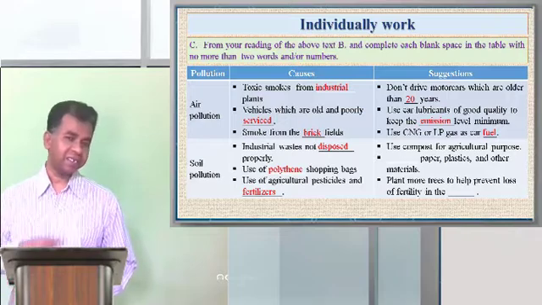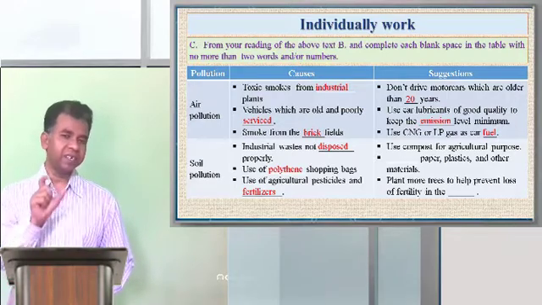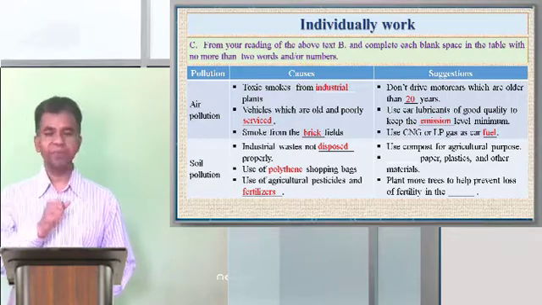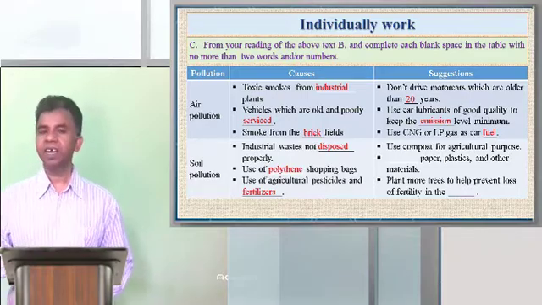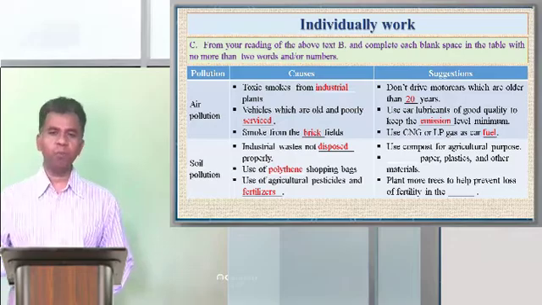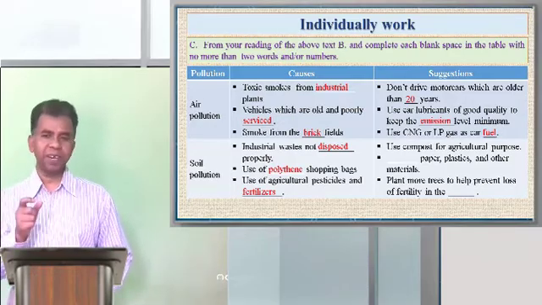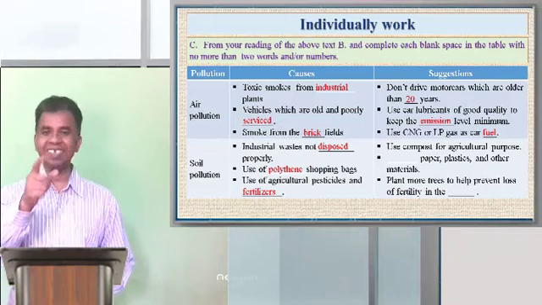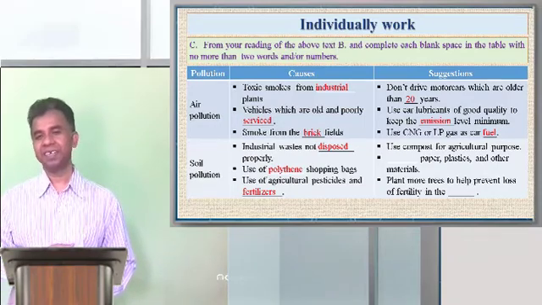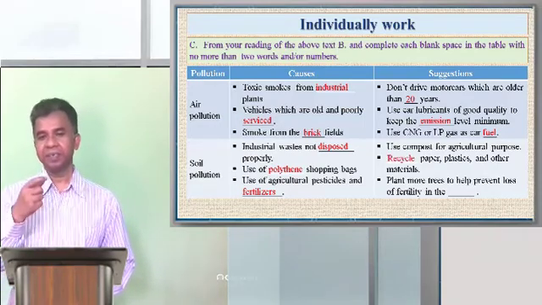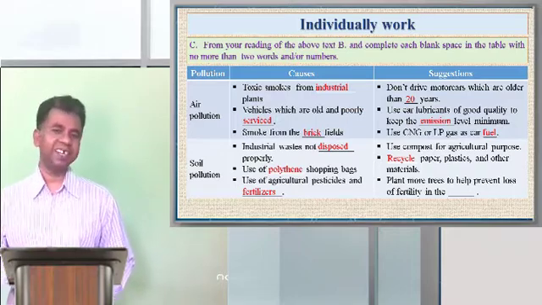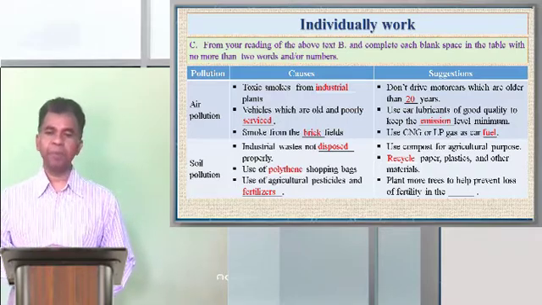What's your suggestion? The suggestion is given but some words are missing. You fill in the words. Use compost for agriculture purpose. Dash paper. Yes, recycling paper, plastics and other materials.